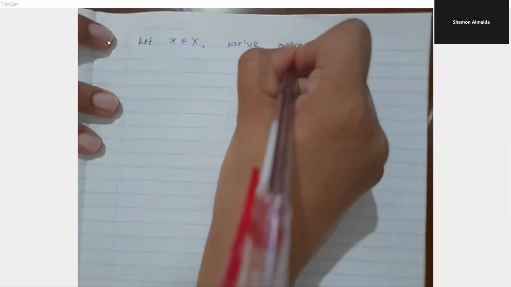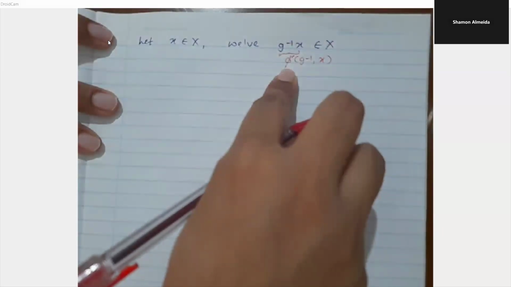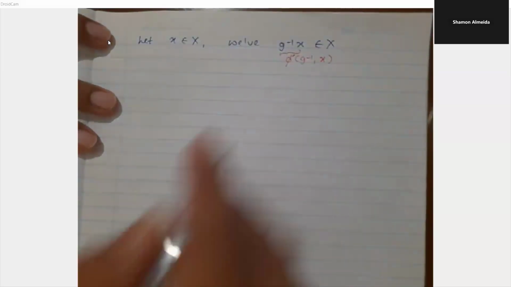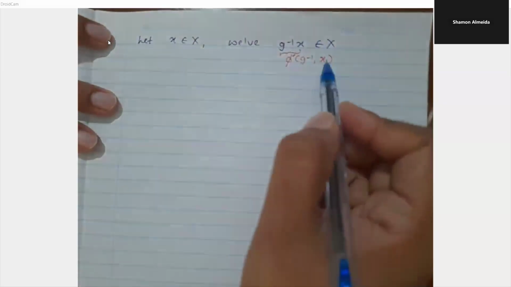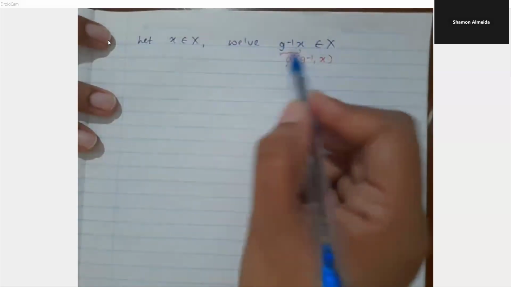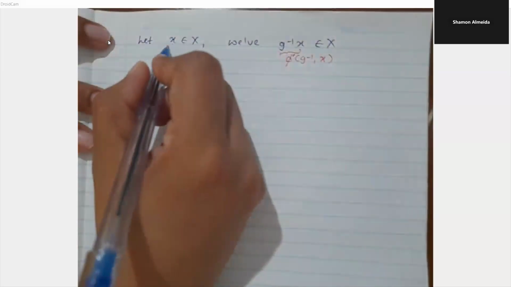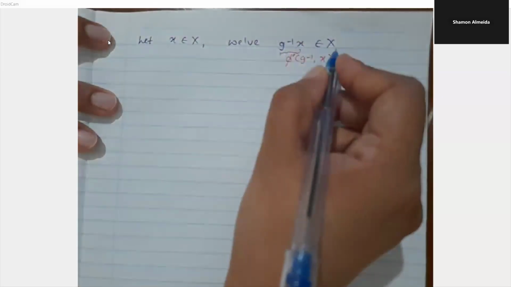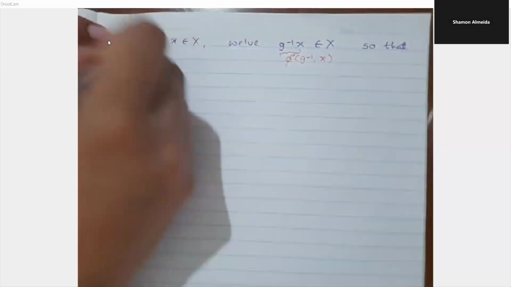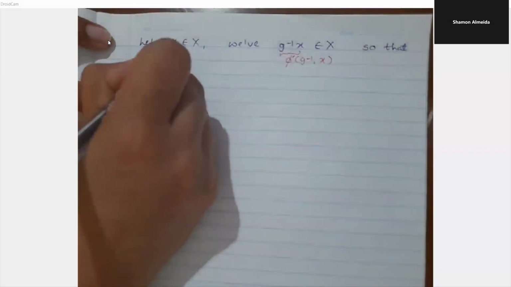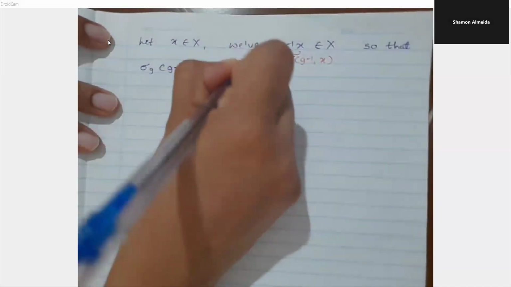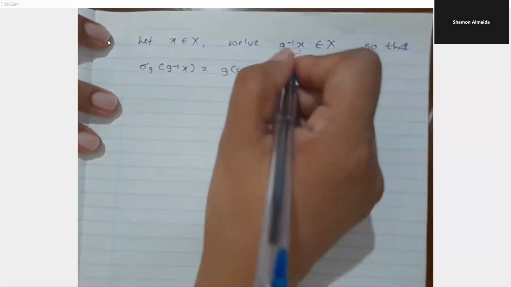Sorry, phi prime of phi prime. Because in this case, we define the group action to be phi prime of g inverse x. Right? So this is equal to that one. We know that once you apply the group action to this element, what you get is an element in X, which is exactly g inverse x. Now, when x is in X, we know that g inverse x is in X. So when you find the function value phi g of g inverse x, we get this to be g times g inverse x.